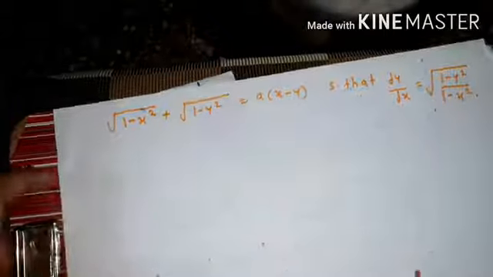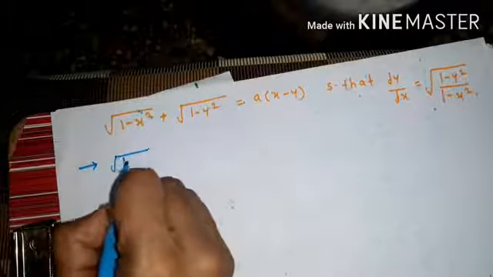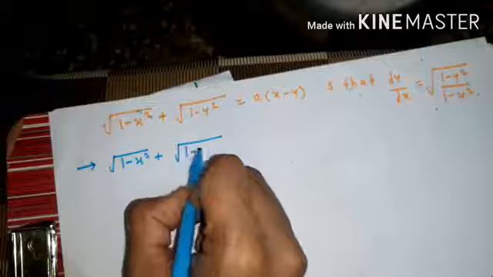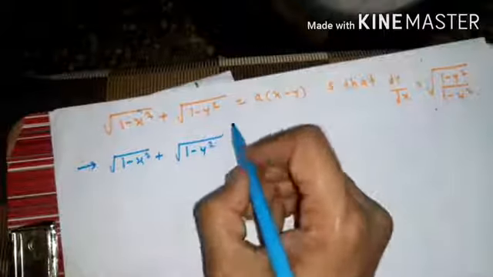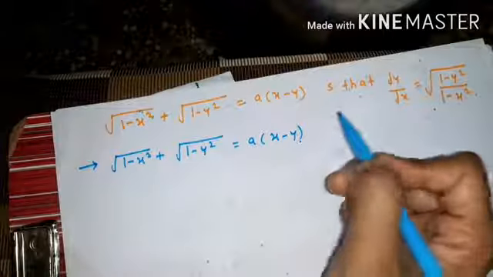Students, let us see what is given: the square root of 1 minus x square plus the square root of 1 minus y square is equal to a into x minus y.